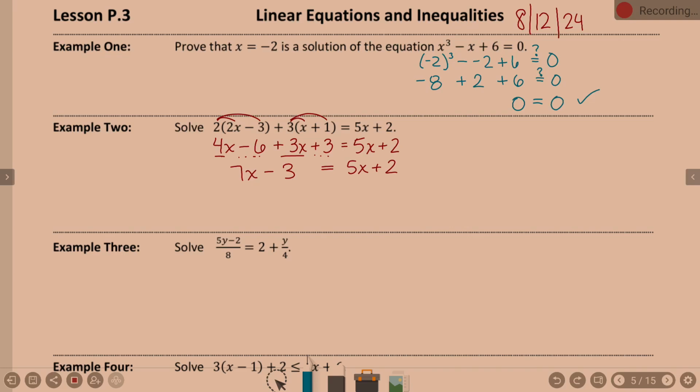So in order to move a positive 5x, I'm going to subtract 5x. If I subtract 5x on the right, I'm subtracting 5x on the left, from its like term. If we're moving x's to the left, that means we're moving constants to the right. So to move the -3, we're going to add 3. If you're adding 3 on the left, adding 3 on the right.